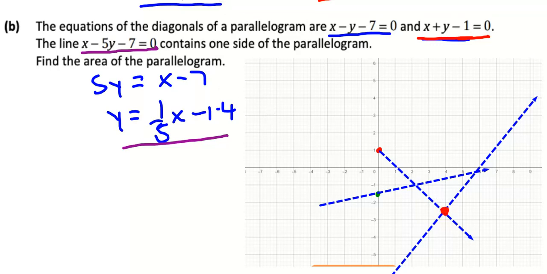Do you see this green line here? That's one diagonal of the parallelogram. And you see this purple line here? That's the other diagonal of the parallelogram. And by logic's sake, the other side would have to be what, guys?